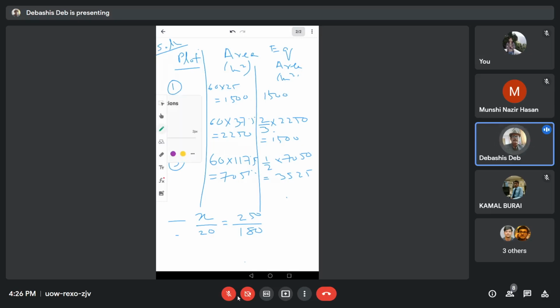Let me draw here to explain you. So it is x by 20, because the entire is 80, it is mentioned 60, so it should be 20. So x by 20 equal to, here not 250, 25. This portion has been mentioned as 25, 25 divided by entire. Is it okay? From similar triangle.